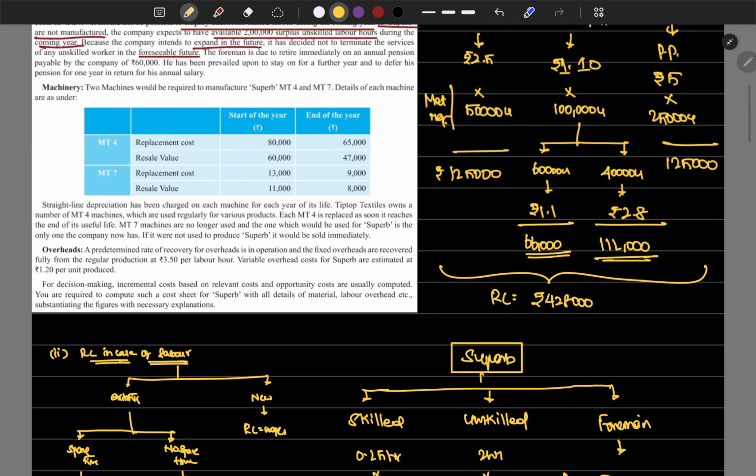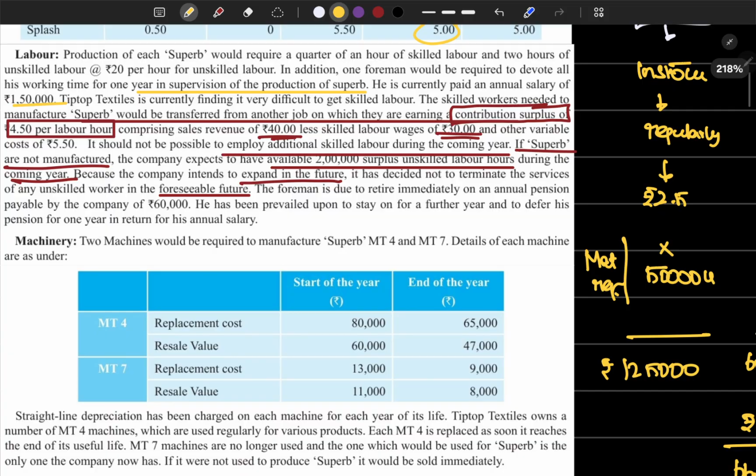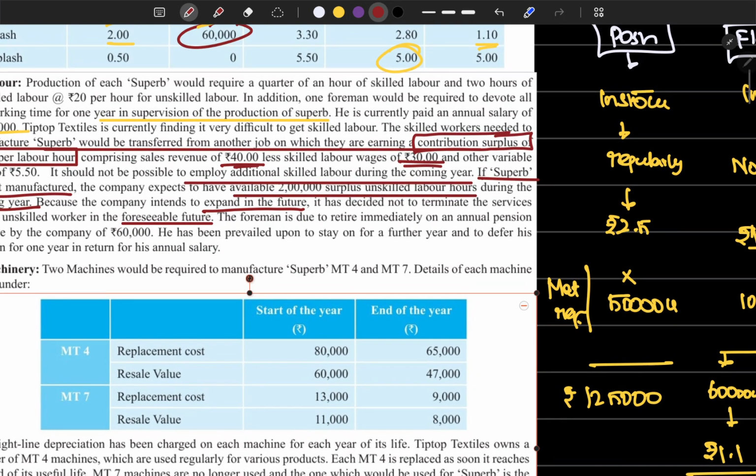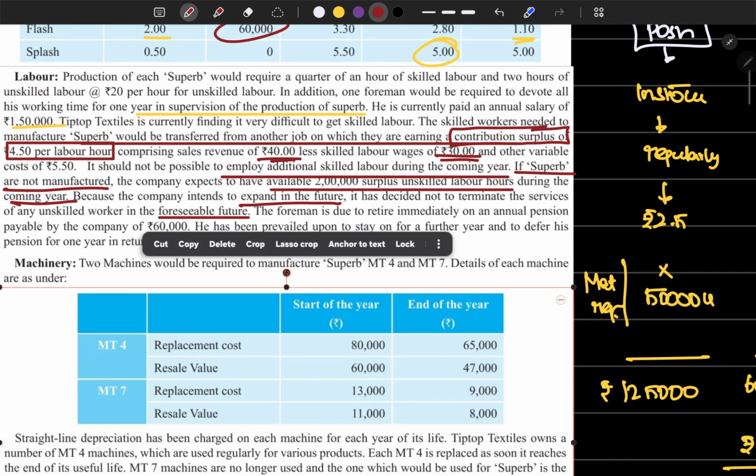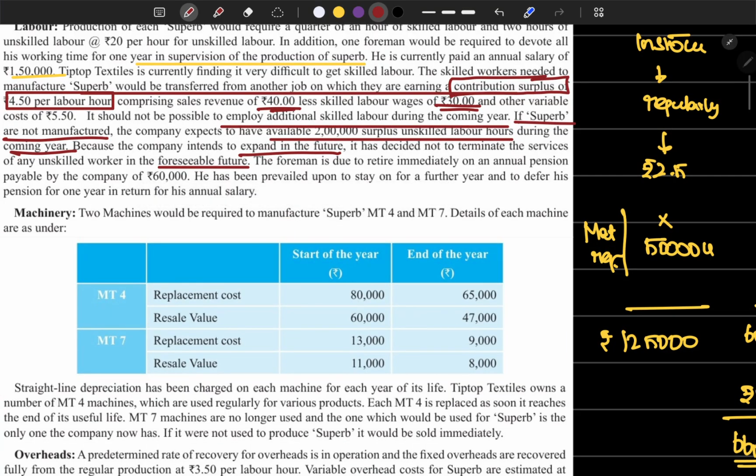Okay, what else they have given? It has decided not to terminate the services of any unskilled labor in the future. The foreman is due to retire immediately. The foreman was about to retire immediately on an annual pension payable by the company of rupees 60,000. He has been persuaded to stay for a further year and to defer his pension for 1 year in return for his annual salary.